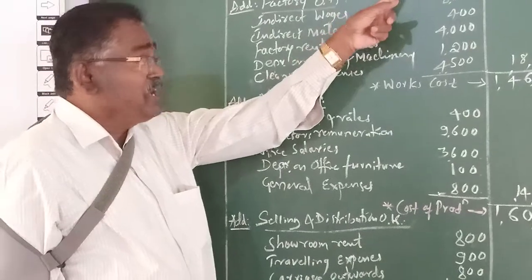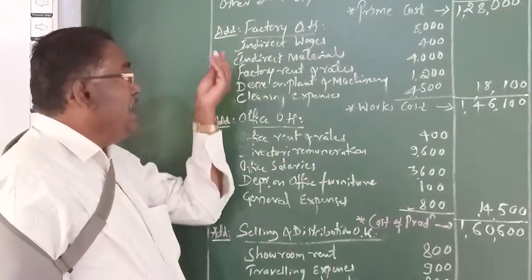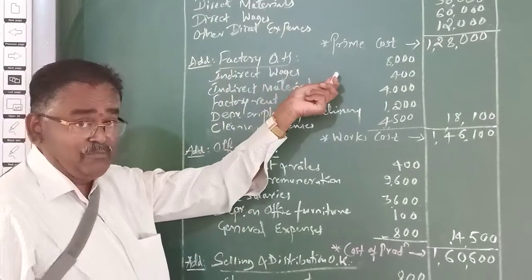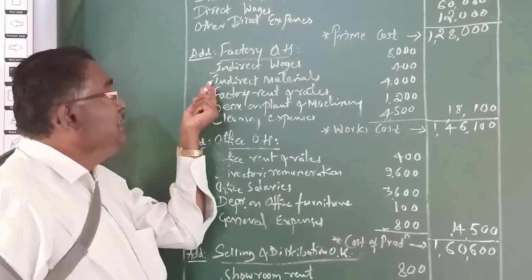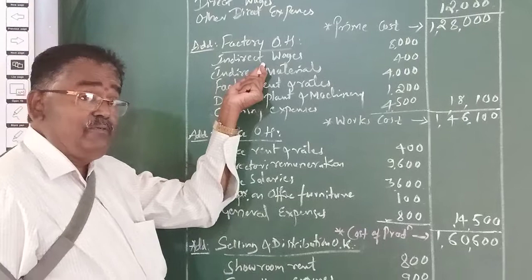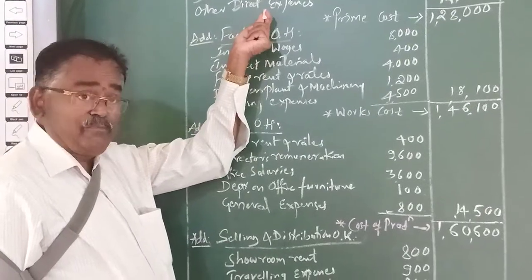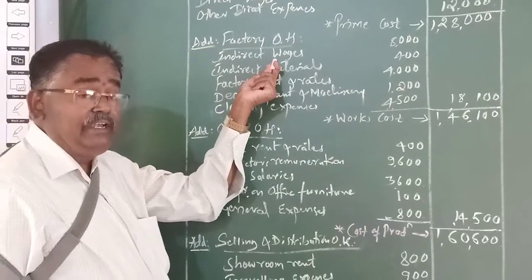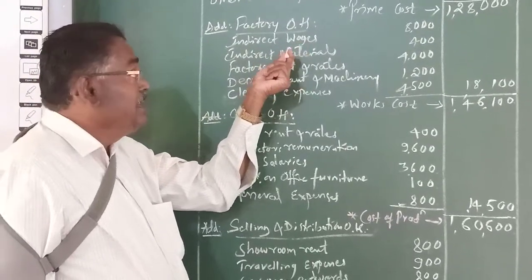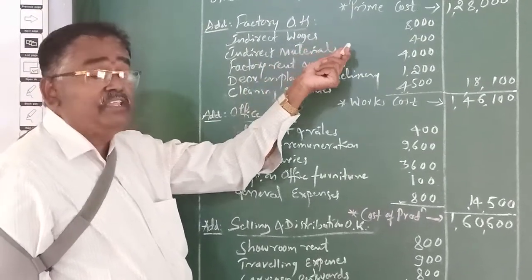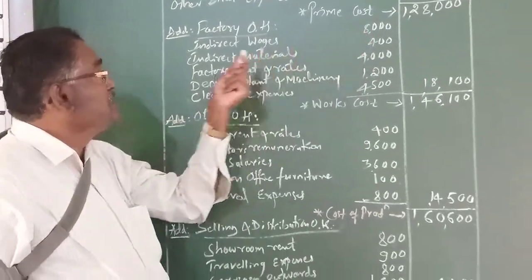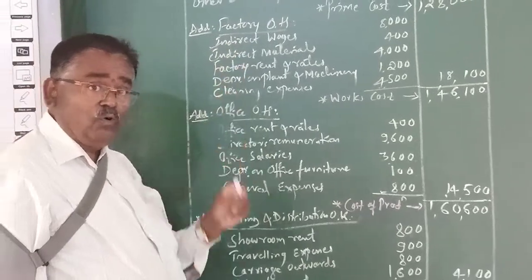After getting the prime cost, add factory overhead, adding factory expenses one by one. The direct wages are taken to prime cost. Then indirect wages, the indirect labor charges incurred in this manufacturing factory, rupees 8,000, are to be taken under factory overhead.